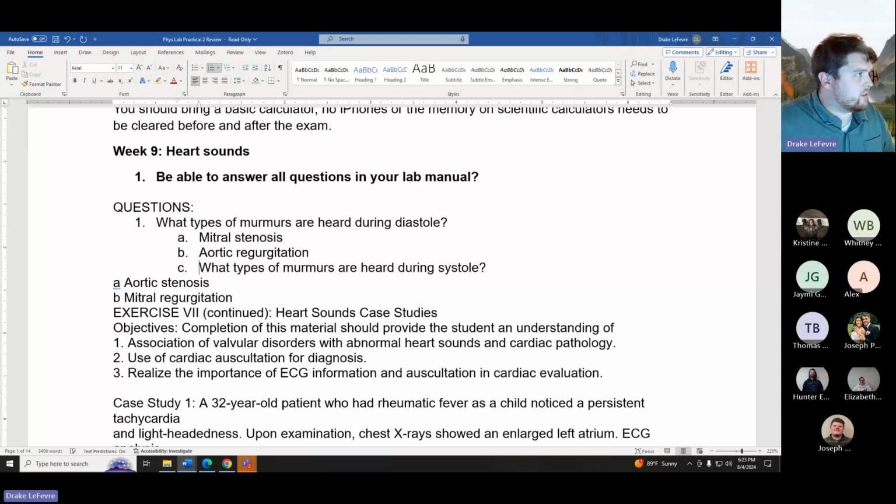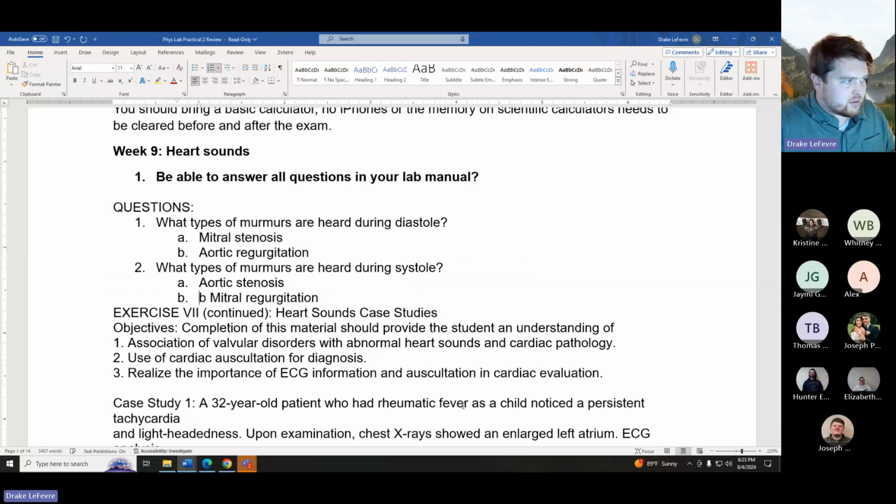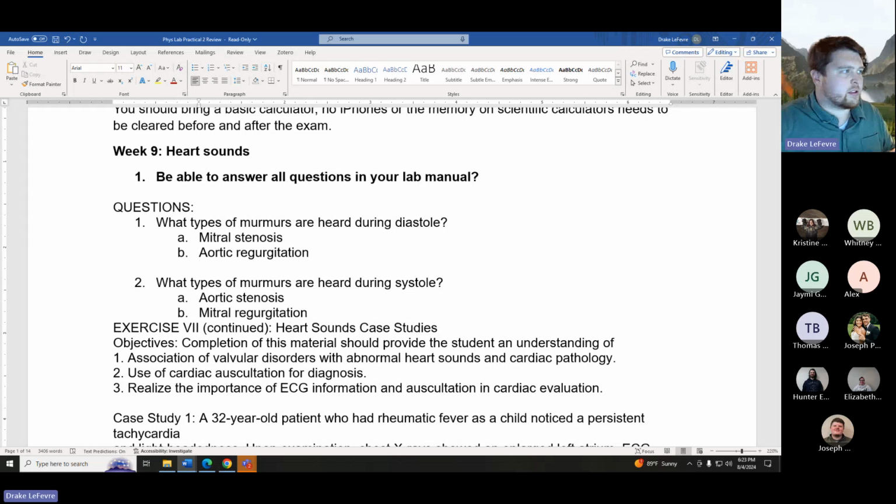Okay, so starting off with heart sounds, all of these questions about the murmurs that we're hearing during diastole versus systole. The easiest way to get a grasp on this is to differentiate diastole from systole and what is actually happening during those times.